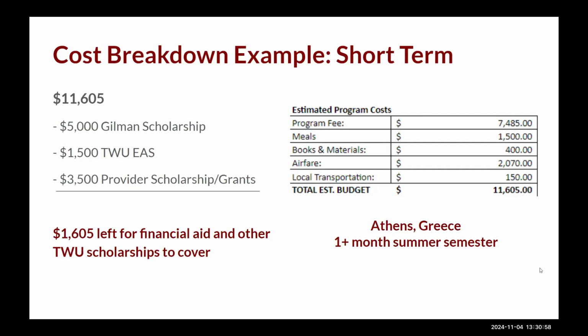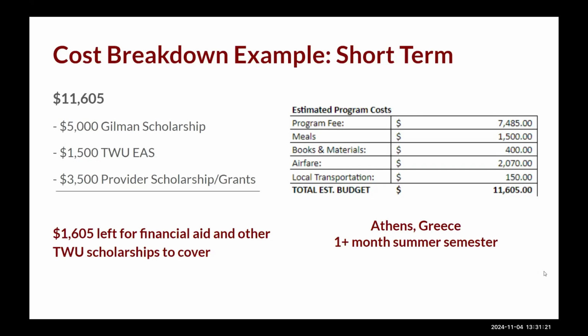But the student got the $5,000 Gilman Scholarship, the TWU scholarship, and scholarships from the provider as well. She only needed to come up with $1,600 and left for financial aid and other scholarships to cover, and so she got her entire program paid for because financial aid covered that remaining bit.